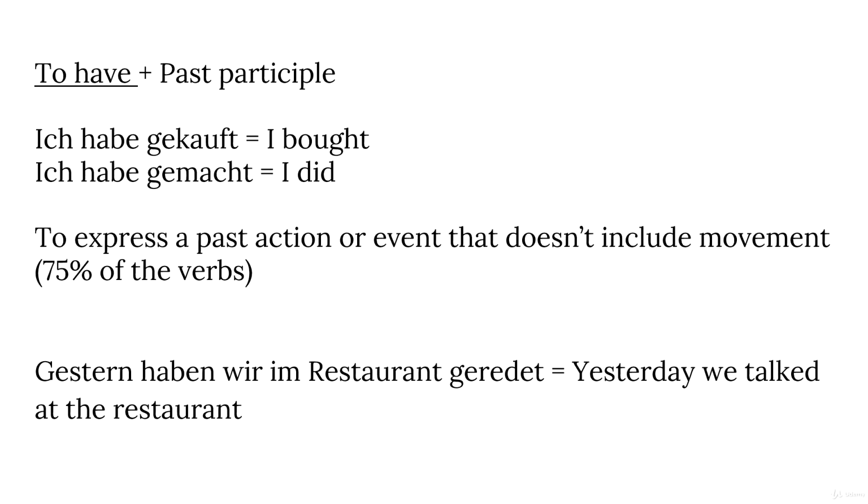And to talk, you don't actually move a lot in it, so you use haben. And in German, sometimes you have to switch between the pronoun and the verb, but this is for another lesson. So for now, you have gestern haben wir, and then you don't write the second verb, geredet, but you write first at the restaurant. So, gestern haben wir im Restaurant geredet.